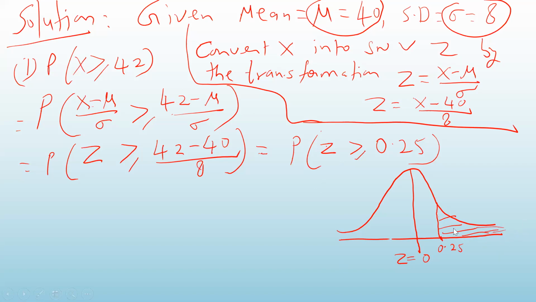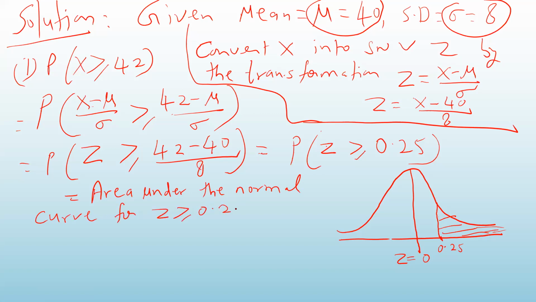So it is equal to the area under the normal curve for z greater than or equal to 0.25.